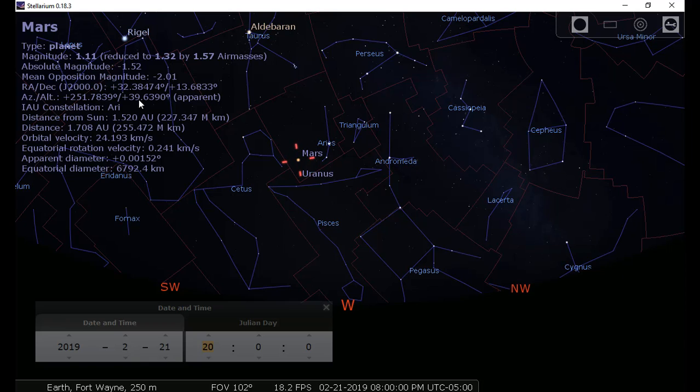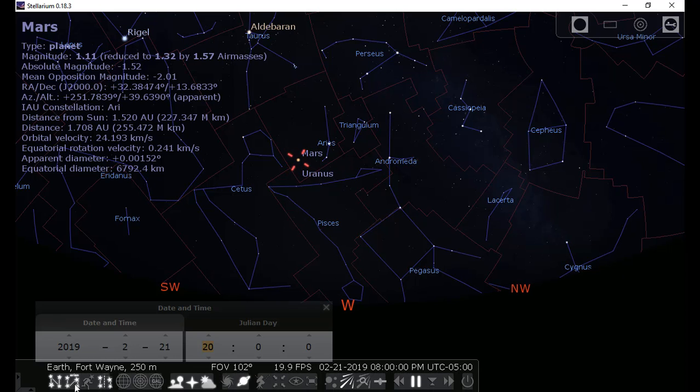Mars was a lot higher an hour ago. Now it's down to 39.6 degrees. And it's shifted a little bit westward. It's now at 251. So a little different position now at 8 p.m. And again, Mercury has set somewhere in the west.